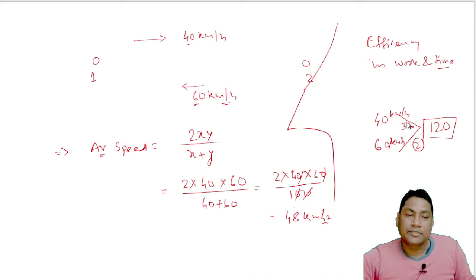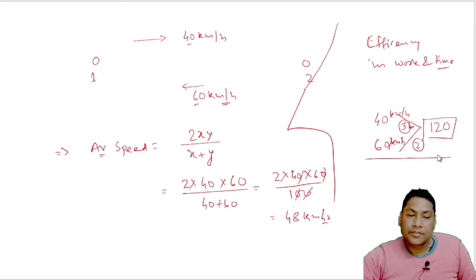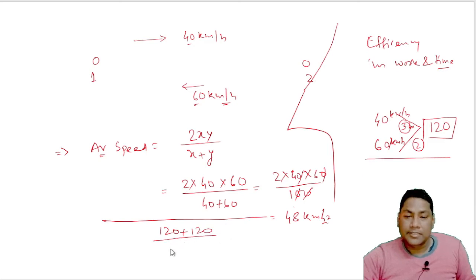So friend, for going it is taking 3 hours and for returning it is taking 2 hours. We will write here, for going 120 kilometers, for returning also 120 kilometers, and the time taken while going is 3 hours and for returning is 2 hours.